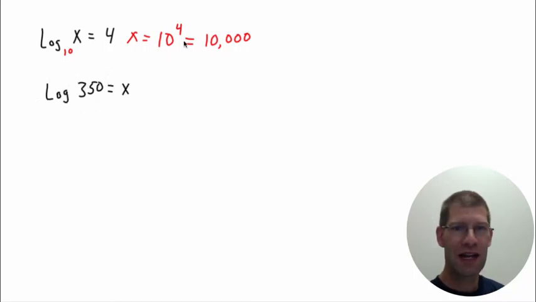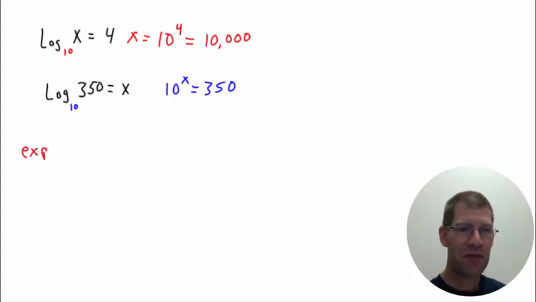Now this one here, a lot of times we get to the quiz, and people on the quiz will say, all right, change it to an exponent, so no base is written in. So it's 10 to the x power then equals 350. And in 9-8 we're going to go over how this works for solving for an exponent.